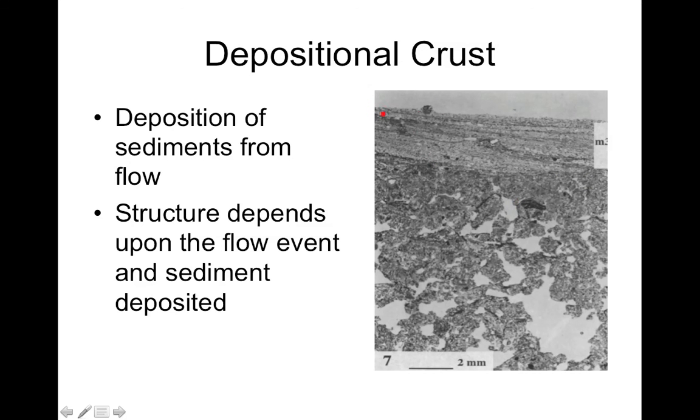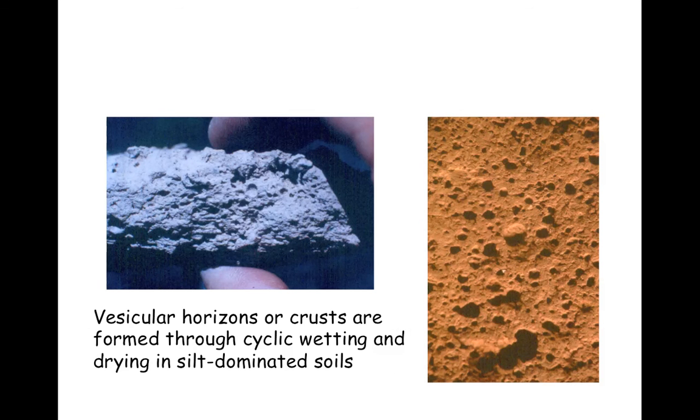You can see in the figure here, we have a deposit of fine sediment over the top of this aggregated soil structure just below. This fine sediment forms a thin crust, which is less than 2 millimeters thick in this case, on top of this soil. And that's going to further impact infiltration in the future.